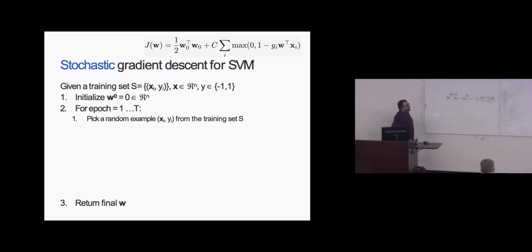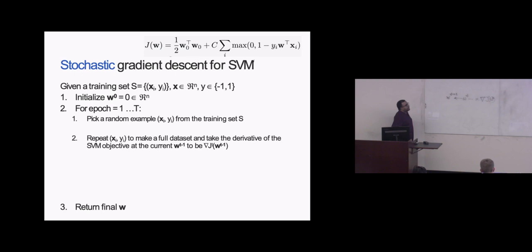So pick your random sample, x_i, y_i, from the training set, and repeat it to make a full data set and take the derivative. What this is basically saying is, instead of doing that sum, this example is repeated n times in my data set rather than n different samples, which doesn't necessarily mean anything.